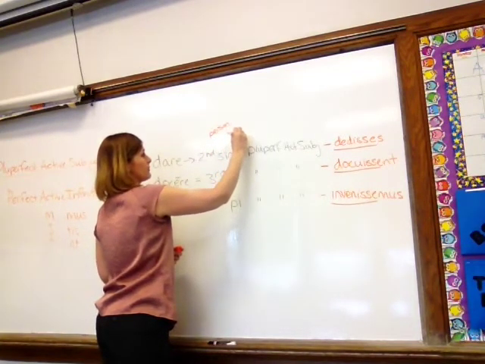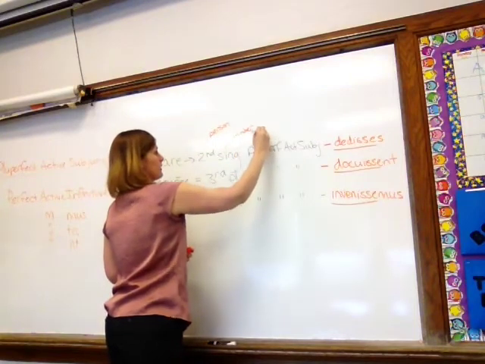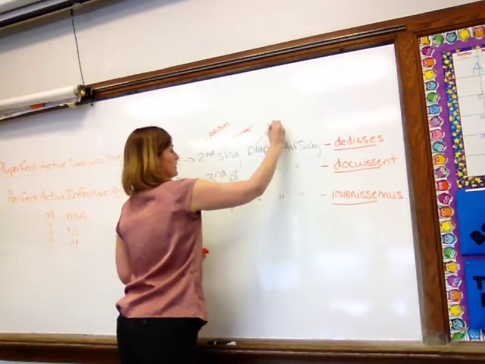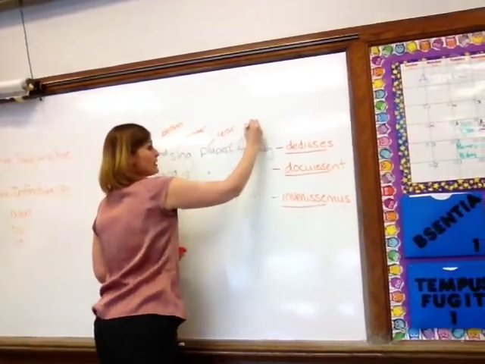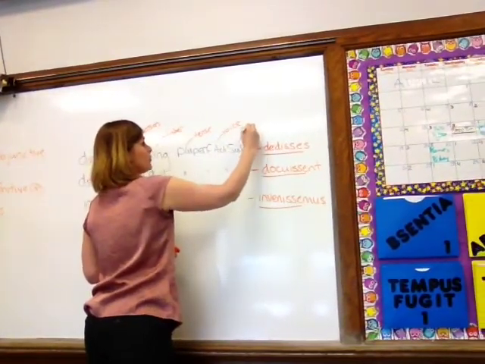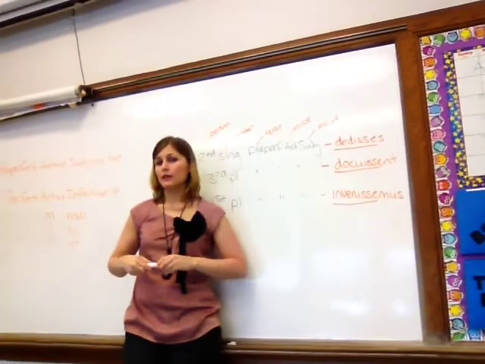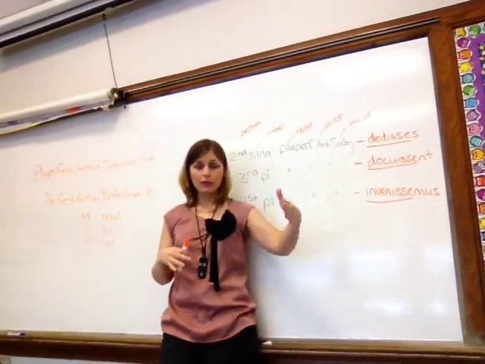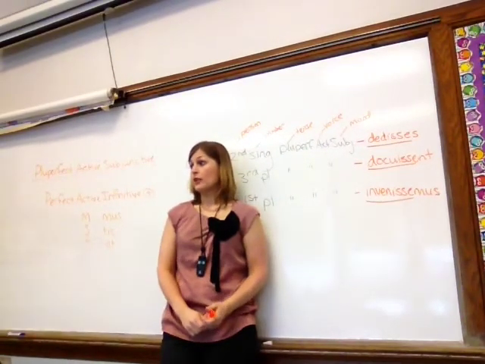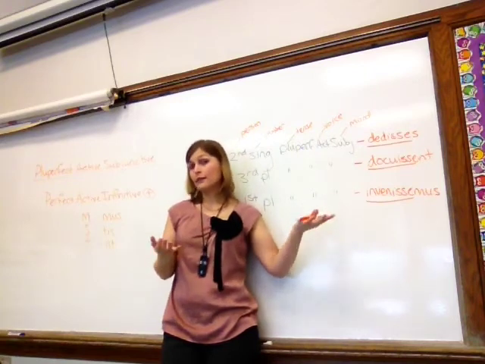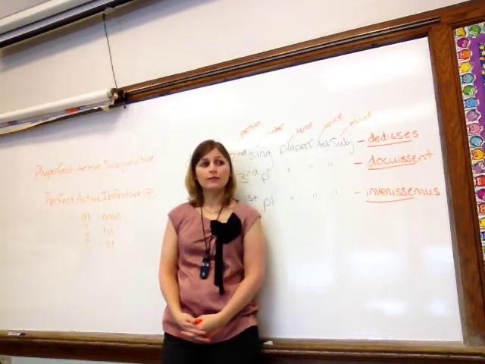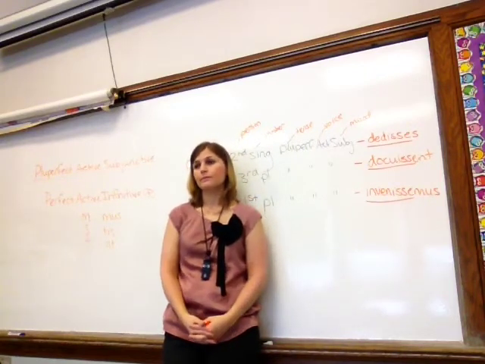This is the number. This is the tense. This is called the voice, active or passive, and this is the mood. So all of these things must be identified from here moving forward. You do know all these things. It's just a question of producing them.